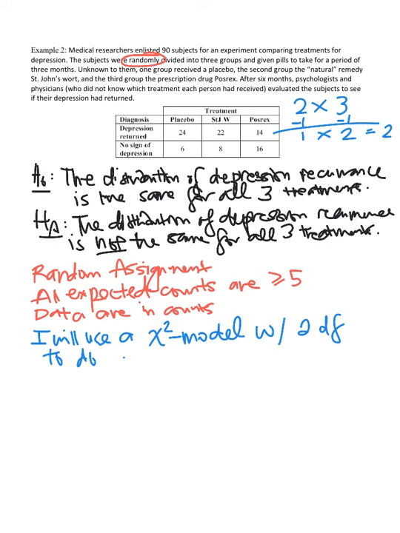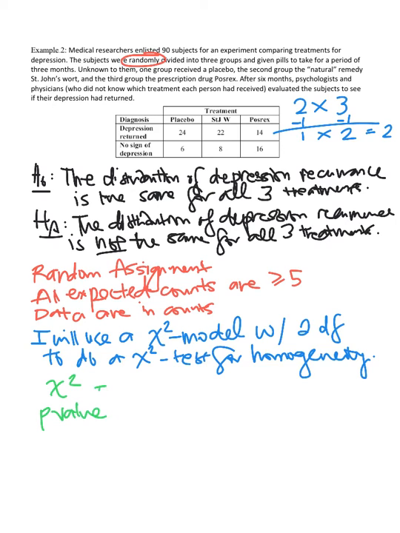To do a chi-square test for homogeneity. All right, so now I need my chi-square and I need my p-value. So going back to stat tests, letter C, chi-square test, and I get a chi-square of 8.4, p-value of 0.015.